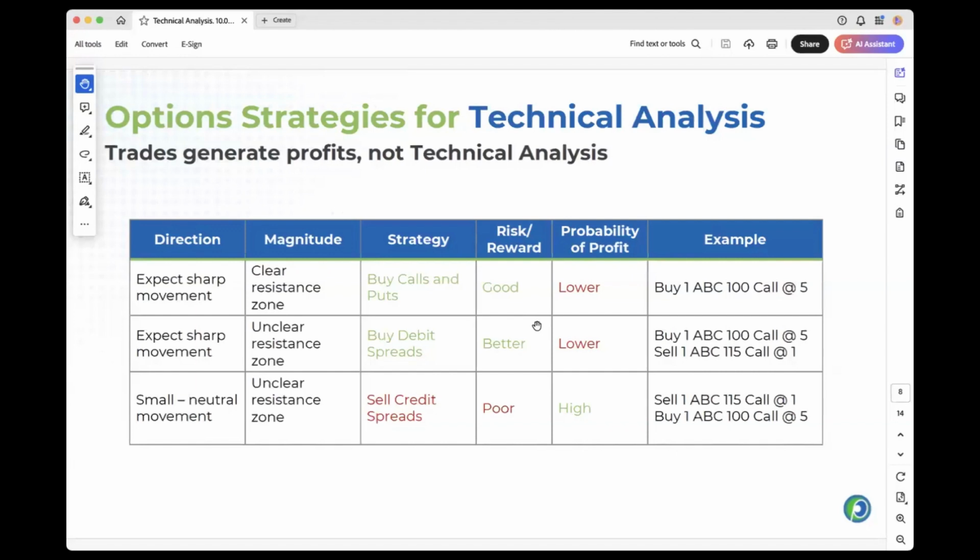However, sometimes your risk can be higher. Whereas with options that you purchase, your probability of profit is lower because you require a sharp directional move, but your risk versus reward could be higher because oftentimes you're spending less money. So one requires you to spend money, the other one you receive money.